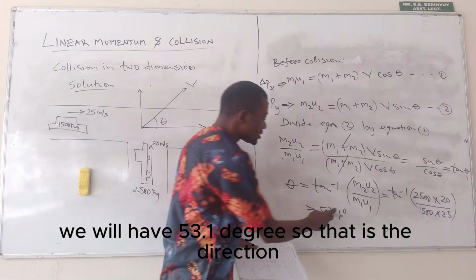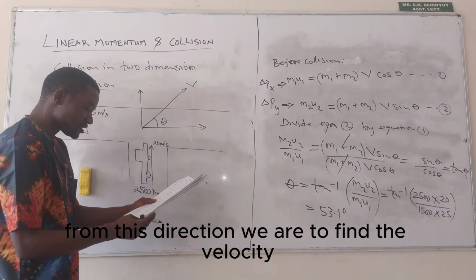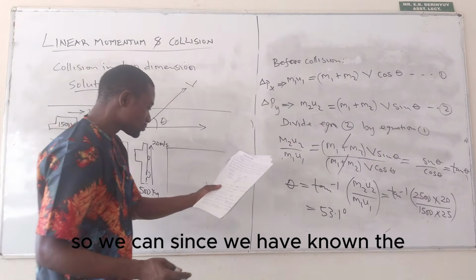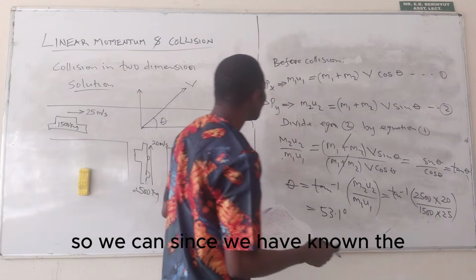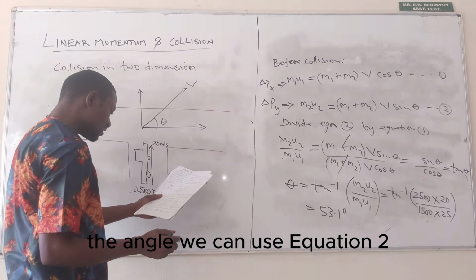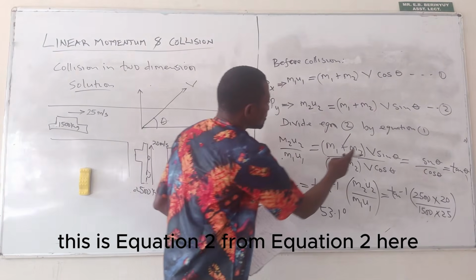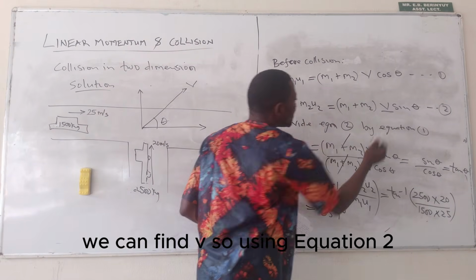So that is the direction. From this, we have to find the velocity. Since we have known the angle, we can use equation 2. From equation 2 here, we can find v.